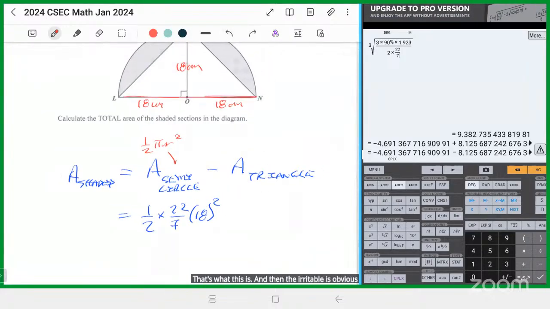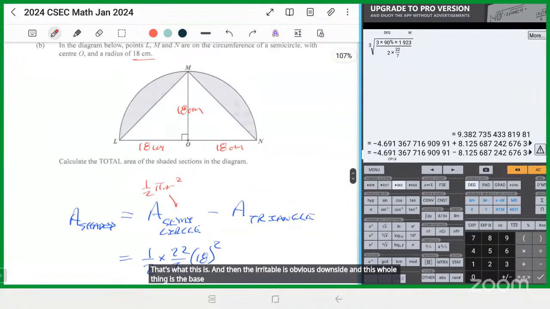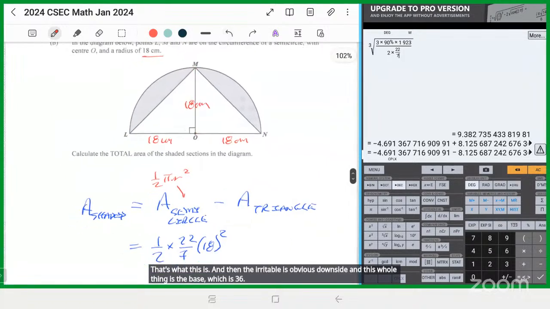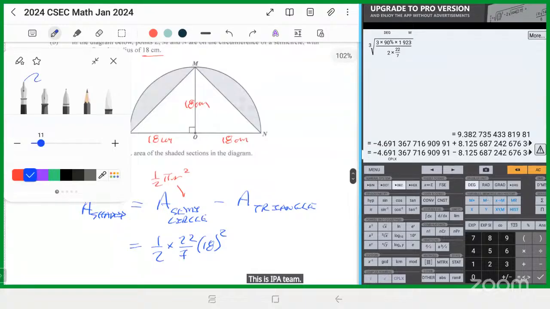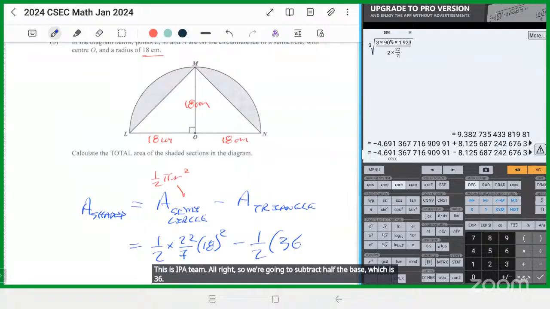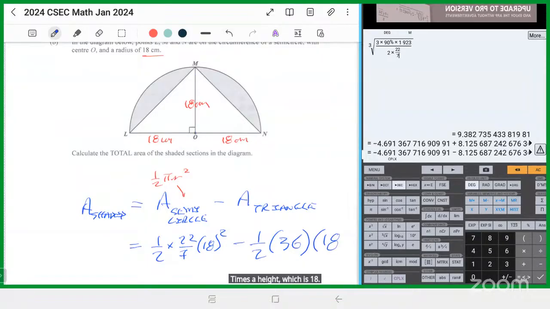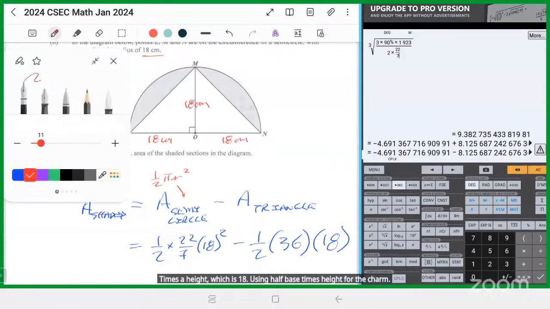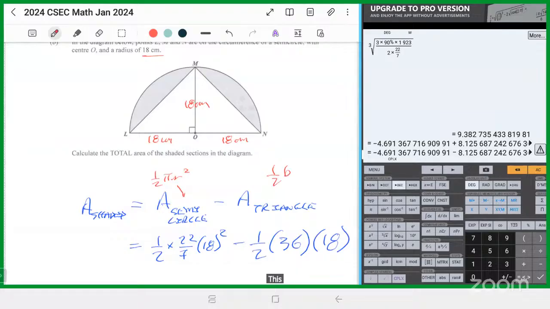This whole thing is the base, which is 36, and this is the height, 18. So we're going to subtract half the base, which is 36, times the height, which is 18, using half base times height for the triangle.